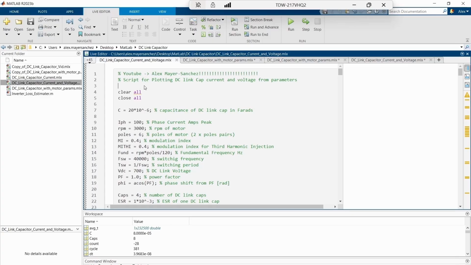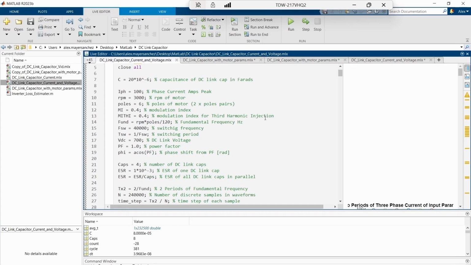So the purpose of this first script is actually to input, I say RPM of motor here, but you can just change whatever fundamental frequency you want for your load.